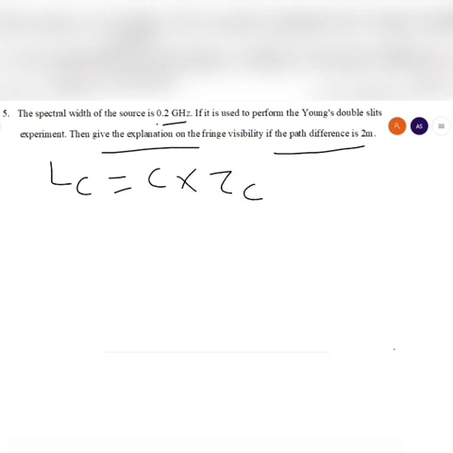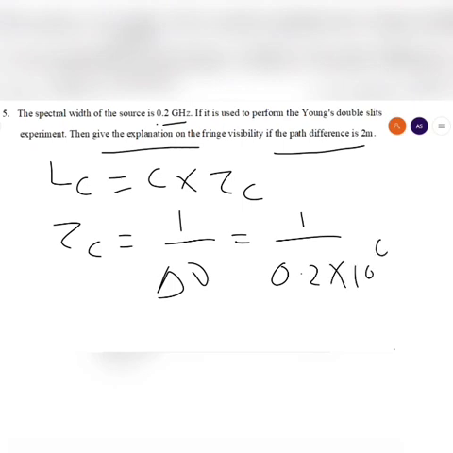Here the coherent time is not given, but we know that tau c is equal to 1 upon delta mu. Here the spectral width is given, 0.2 into 10 to the power 9 hertz, because 1 gigahertz is equal to 10 to the power 9 hertz. The value of tau c is 5 into 10 to the power minus 9 second.